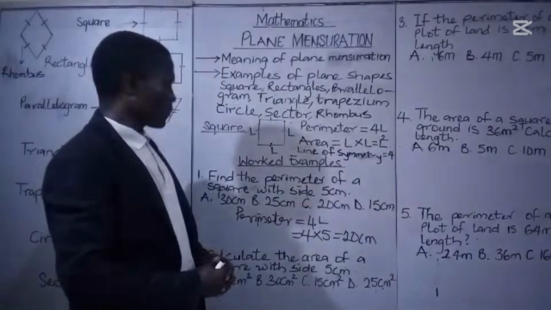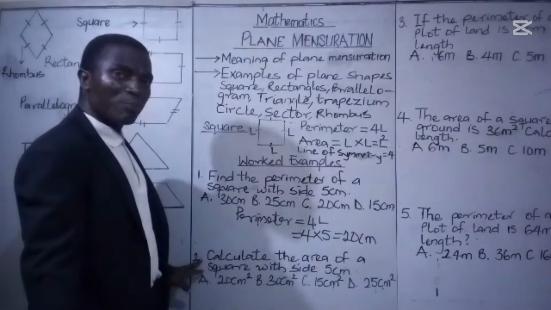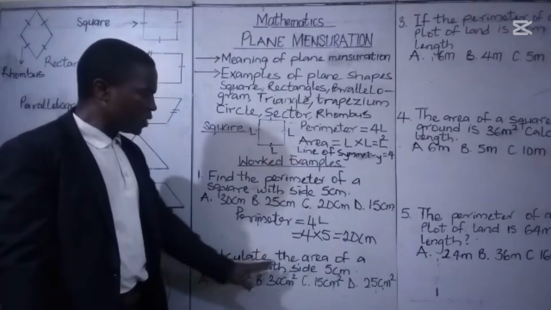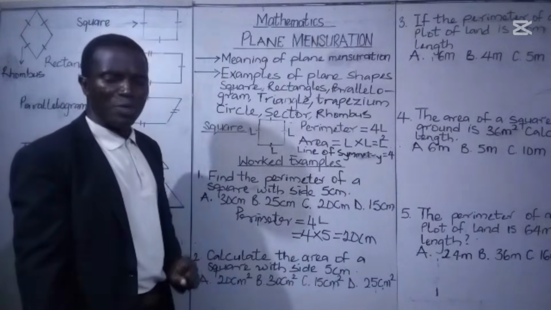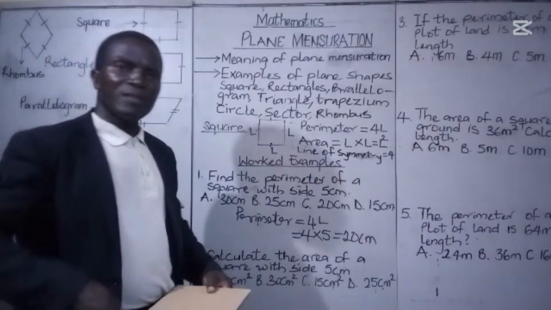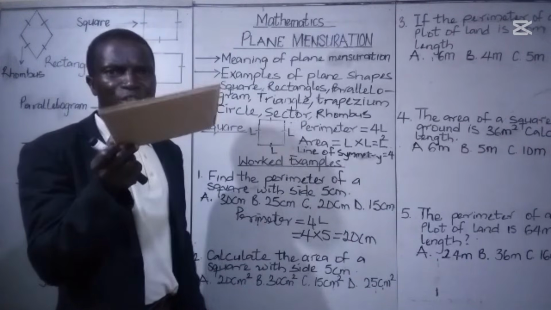Now let us look at worked example 2. The question says, calculate the area of a square with side 5 centimeters. When we say the area, we mean the space occupied by that plane shape.